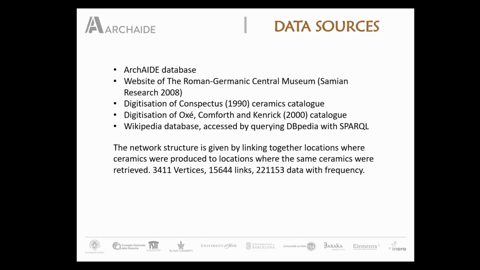In this way, we were able to create a network structure that is given by linking together locations where ceramic was produced and locations where the same ceramic was retrieved. At the end of our work, the network is made of 3,411 vertices, 50,645 links, and more than 2,000 data with frequencies.